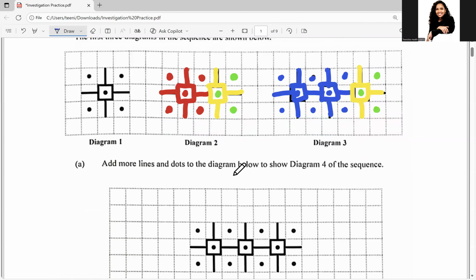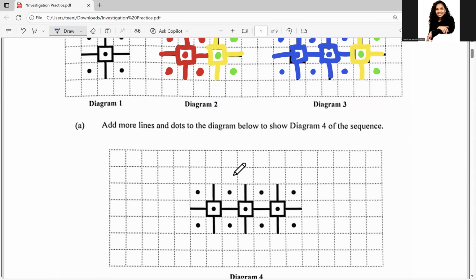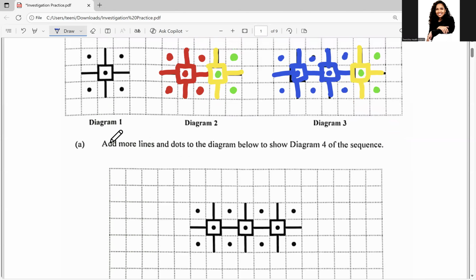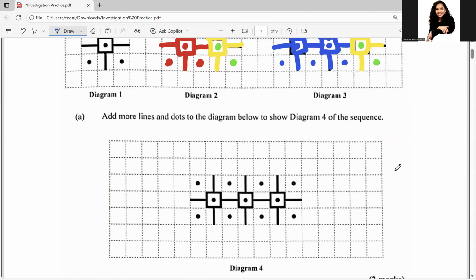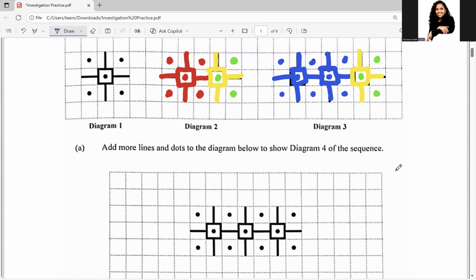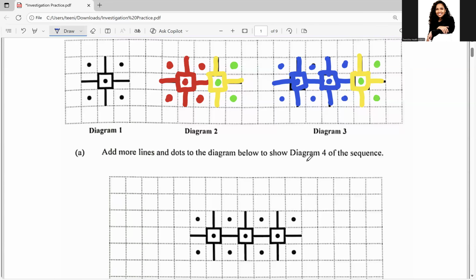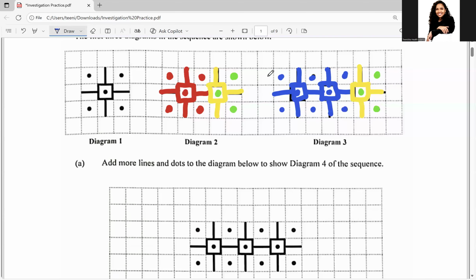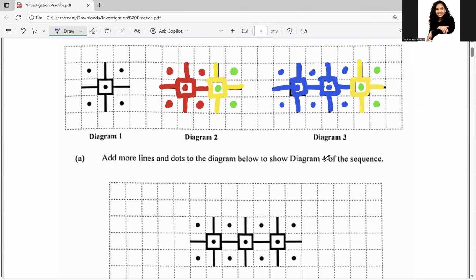So it means then that the fourth diagram, which we are required to draw, add more lines and dots to the diagram below to show diagram 4 of the sequence. As you realize, each new diagram includes seven more straight lines and three dots.